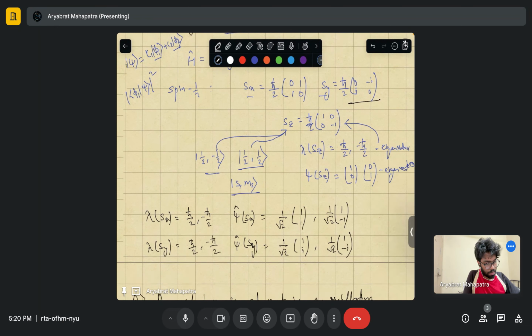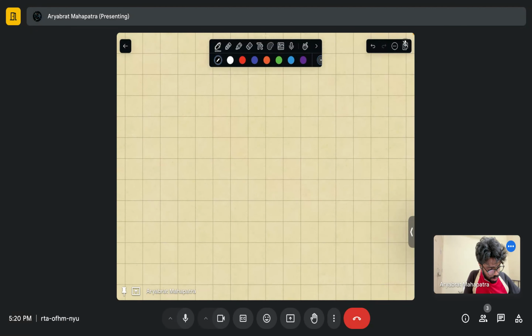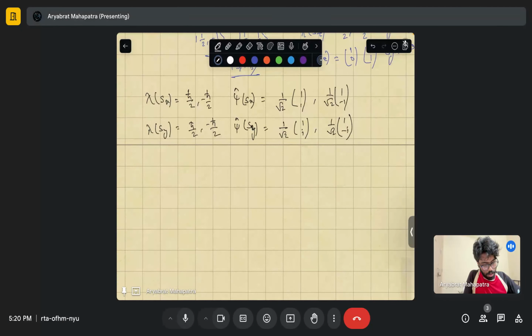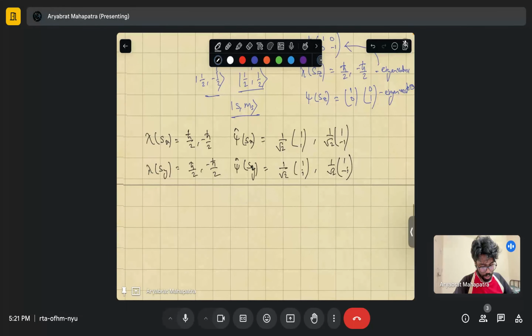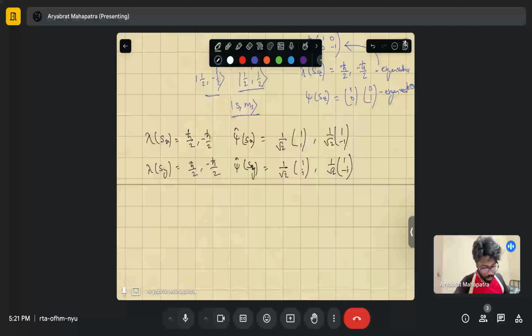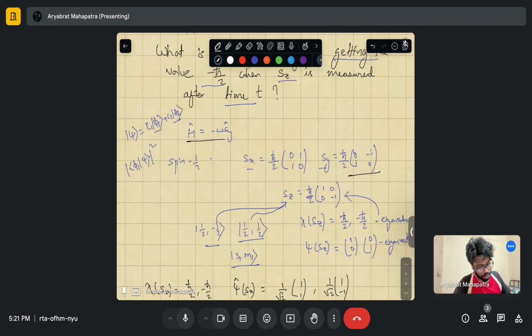So these are the eigenvalues and eigenvectors which we ultimately need for the calculation of the probability. Now, the Hamiltonian which is given is minus omega Sy, so the Hamiltonian is in your Sy basis.